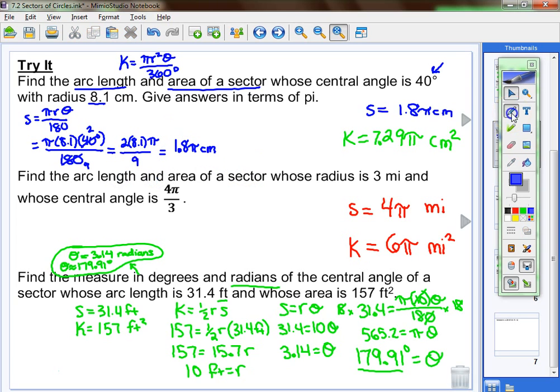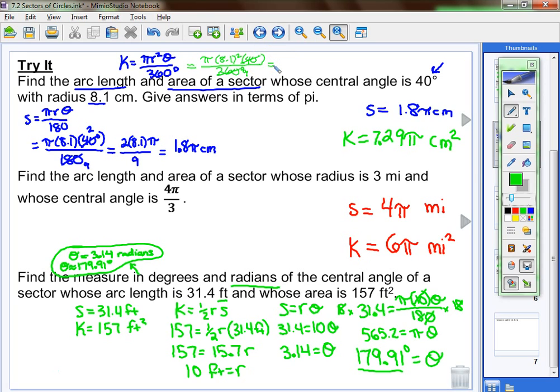Follow a similar procedure for the area. I'll see if I can work through it up here if I have enough room. We know that pi is still pi. The radius is 8.1, so it's 8.1 squared times 40 degrees over 360 degrees. These will simplify. This becomes a 9 on the bottom.